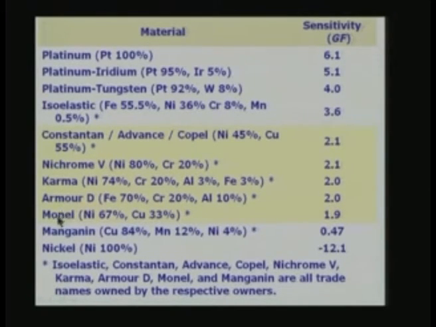And then we have Monel, nickel and copper in 67% and 33%, with 1.9. Most of these materials, the yellow ones, are normally used in practice for making the strain gauge material. Other materials are just included to indicate the kind of sensitivities you will expect from these.